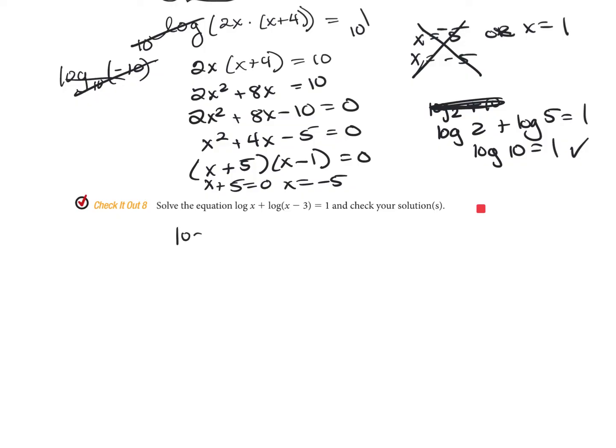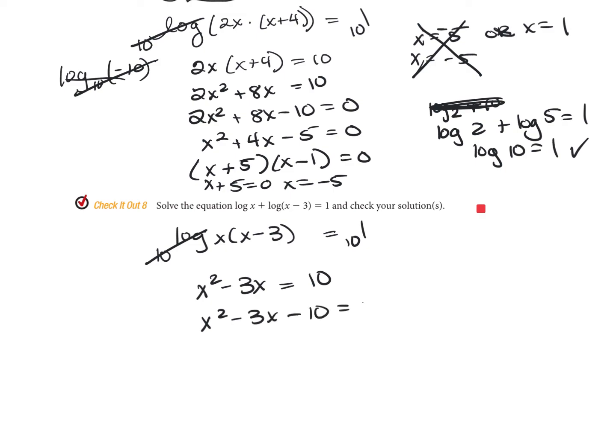Okay, so we're going to combine this into one log term. And then I'm going to raise both sides to the 10th power. That will cancel that. We're going to get x squared minus 3x equals 10. X squared minus 3x minus 10 equals 0. X minus 5, x plus 2.